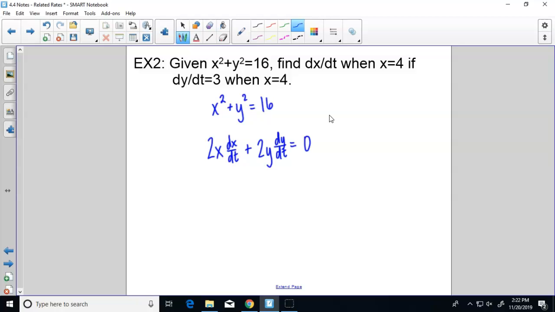And then we've got to know the information that we can plug in, and we also want to know what we're finding. I'm not going to plug a number in for dx/dt. I don't know why I said dy/dt. I'm losing my mind. Okay, dx/dt. So we will not plug in a number for dx/dt.